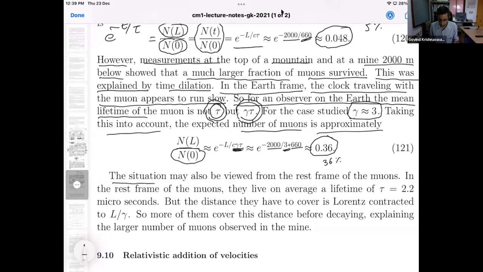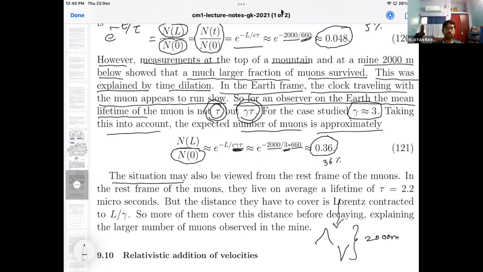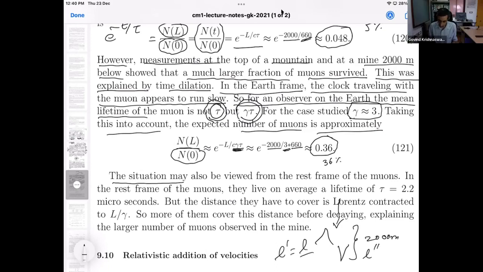So suppose you go to the rest frame of the muon, then the Earth is approaching the muon, and the distance that the muon has to cover, previously we said it is 2000 meters, but according to the muon, because it is moving, that height between the hilltop and the mine shaft, which in the Earth frame is 2000 meters, according to a downward moving observer, that distance is not L equal to 2000, but L prime equal to L divided by gamma.